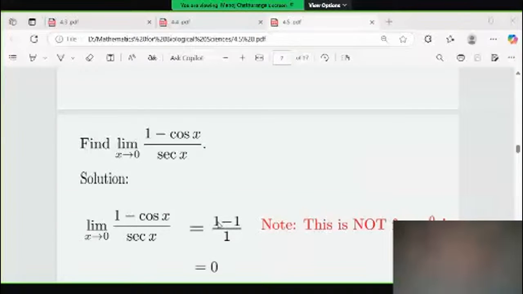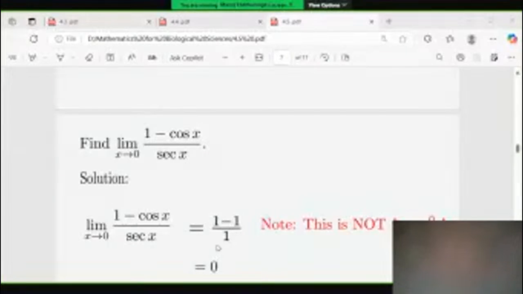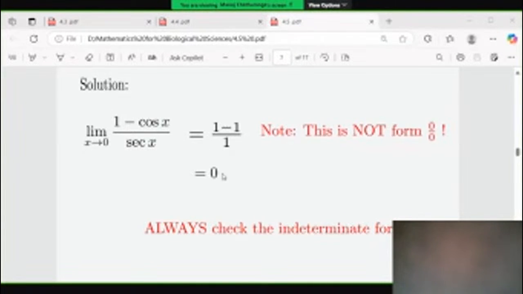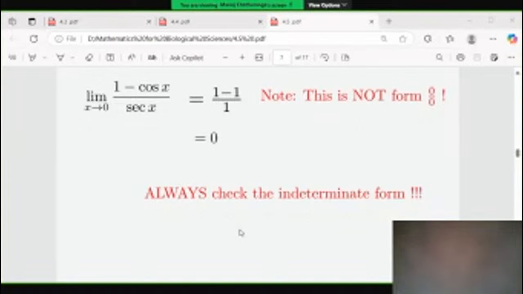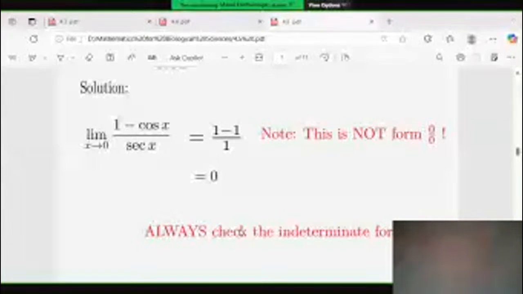So the real answer is 1 minus 1 divided by 1, that means 0 divided by 1. So the answer is 0. This is not an indeterminate form. This is a genuine real number.